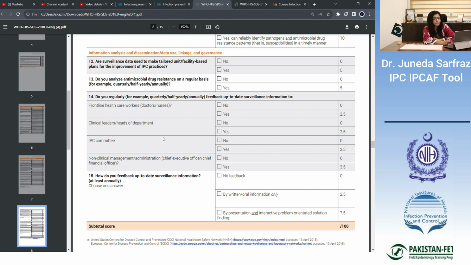This also has a feedback. If you see the last question of surveillance, it says how do you feed back up-to-date surveillance information, and this is so important that it should be done at least annually, right? So how do you do it? That also carries a score, and the subtotal score again is 100.